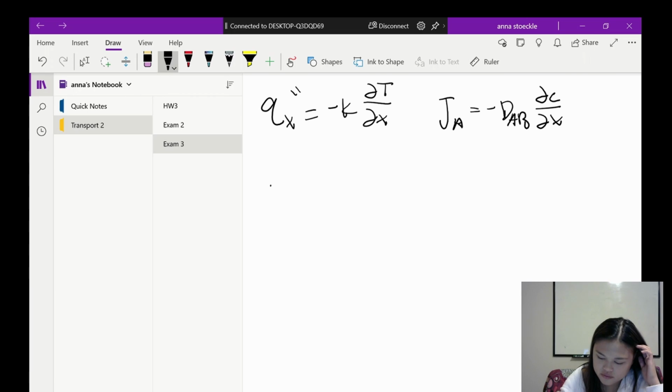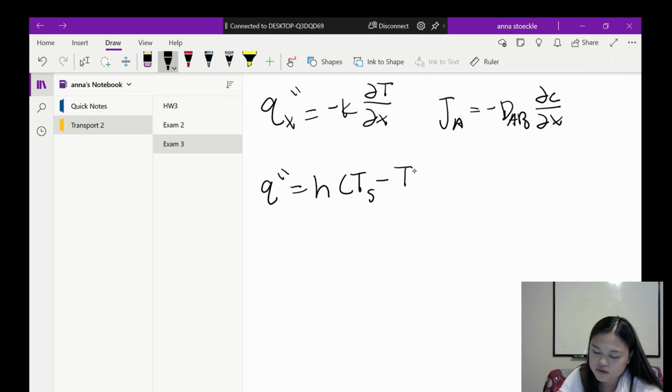So we have the heat flux, and now that it's convective, we have that heat transfer coefficient, and then we have this temperature difference from the surface to some distance far away from the surface.